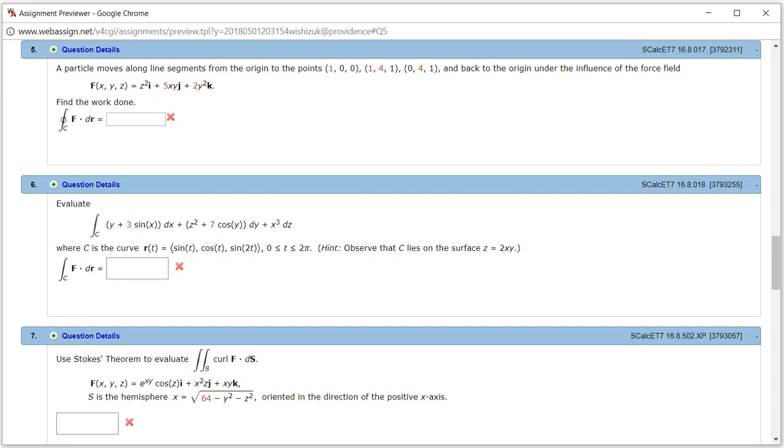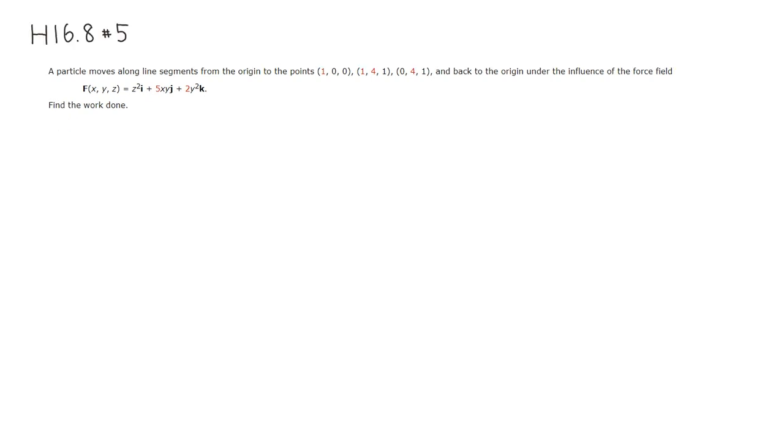All right, let's look at homework 16.8, problem number 5. We need to find the curl of vector field F. This is going to be equal to the determinant with i, j, k, partial with respect to x, partial with respect to y, and partial with respect to z.